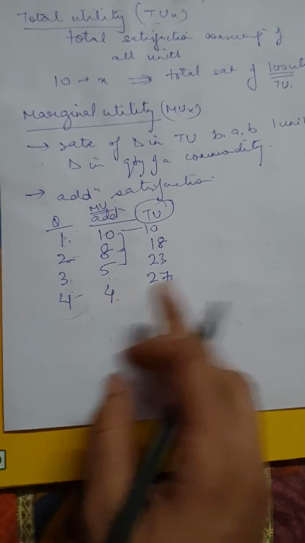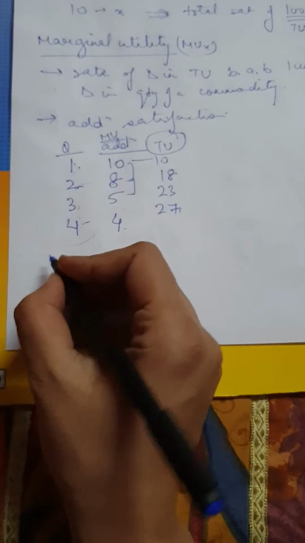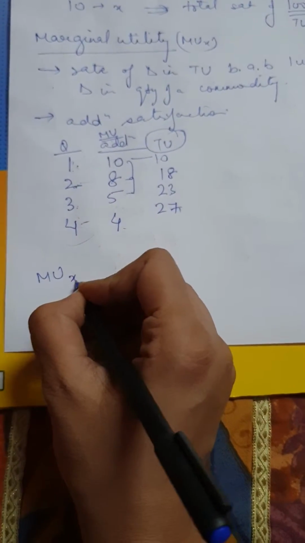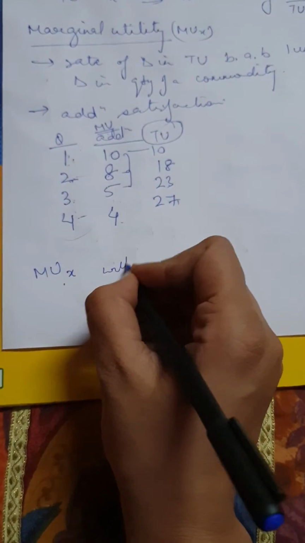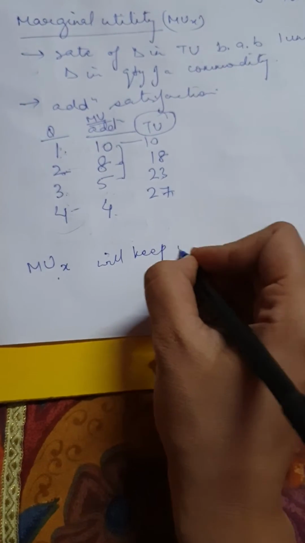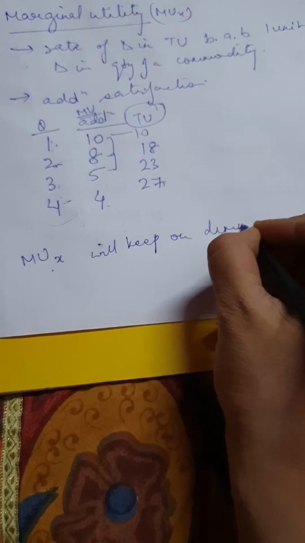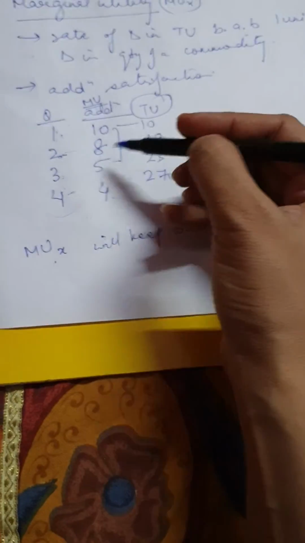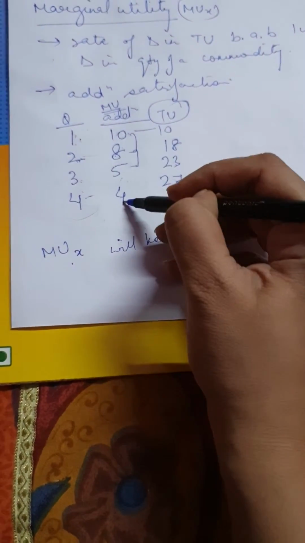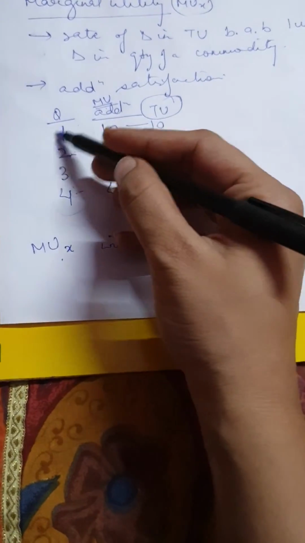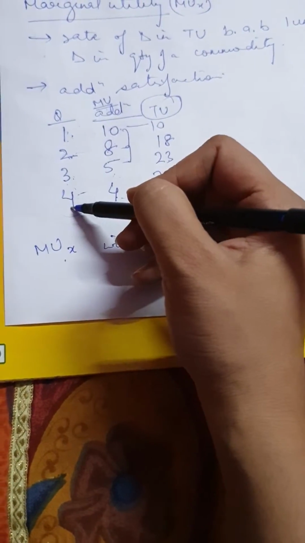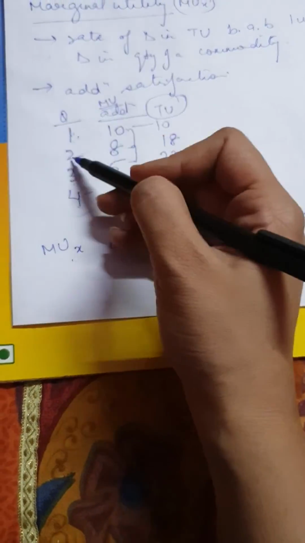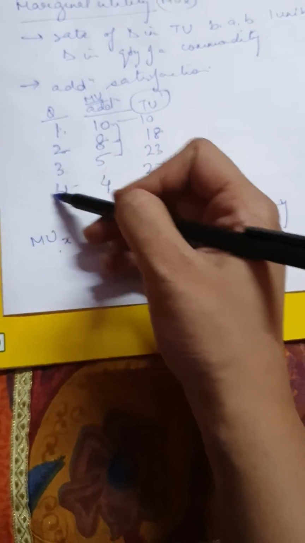Right? We need to know one more important thing, that marginal utility of any commodity will keep on diminishing. Why does it happen that it keeps on falling? Very simple, because the consumption is going on continuously. I had the first chapati, then the second one, then immediately the third one, immediately the fourth one.